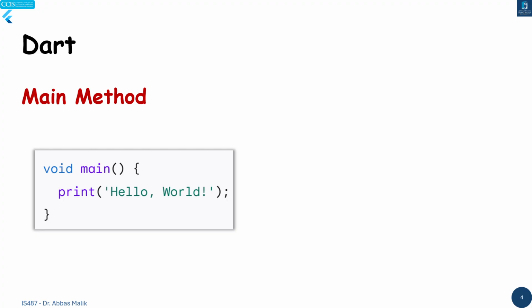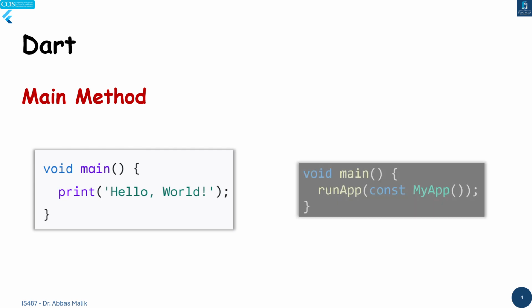Similarly, in Dart, we also have a main method which does not return anything, and it is the entry point of our program or application. And normally, when we are developing, we see the main method in this form: runApp and const MyApp. So this is the starting point of your application when it starts.